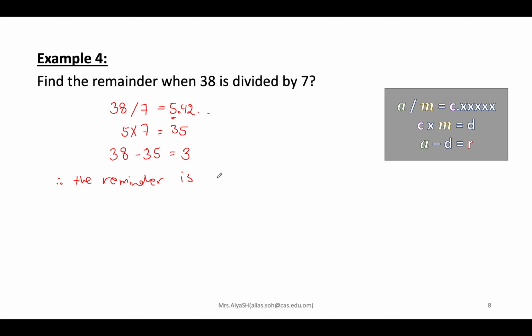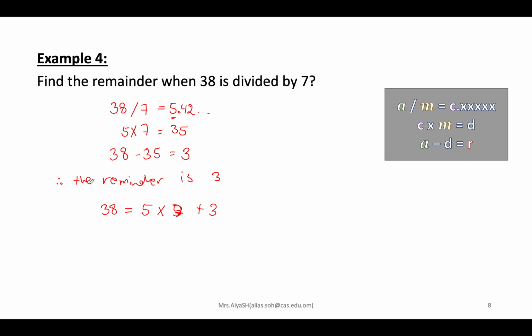Now, as we did earlier, just convert the following steps to one equation. So 38 is equal to 5 times 7 plus 3.